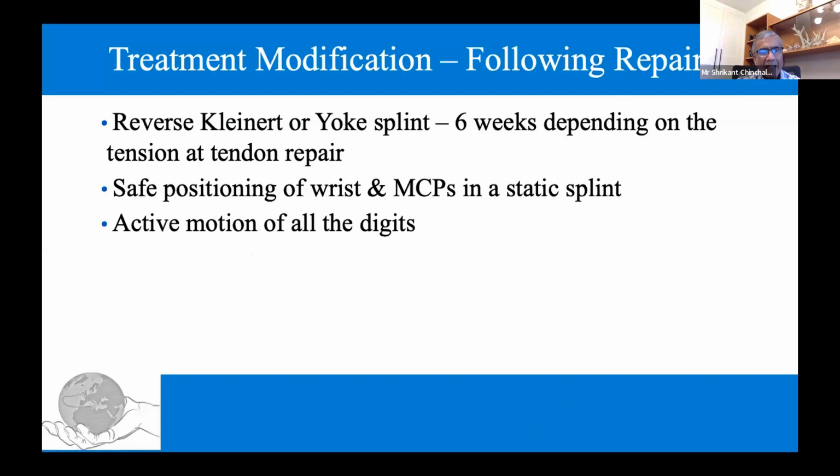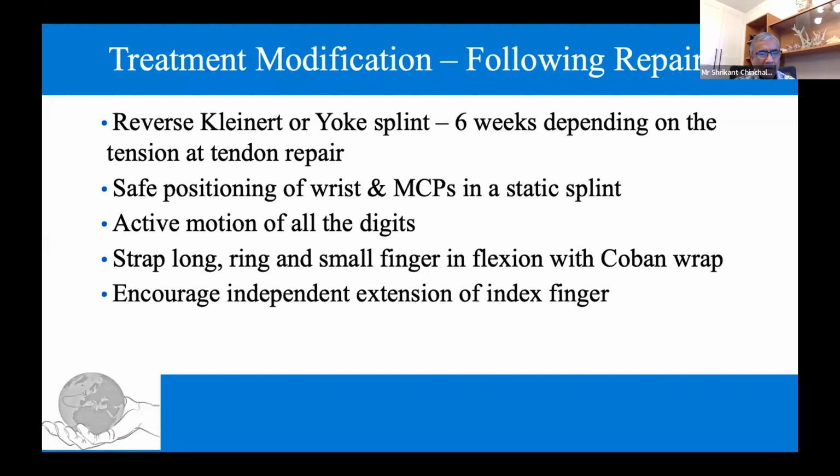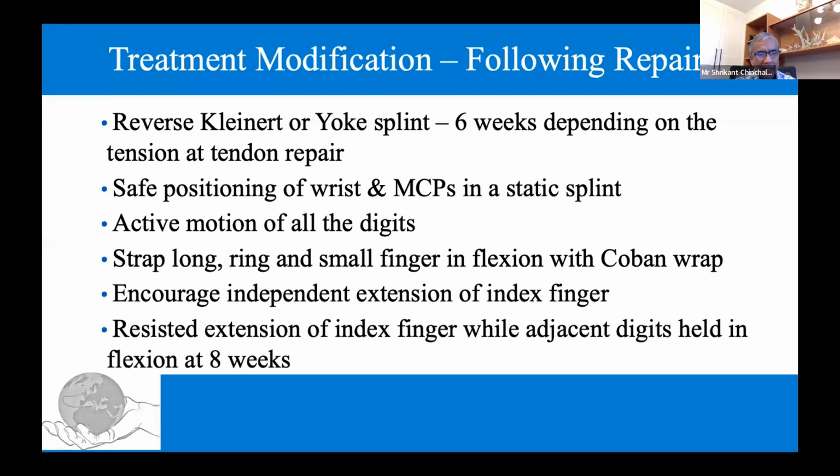We begin with active motion of all the digits, especially upon completion of either immobilization or completion of 4 to 6 weeks of reverse Kleinert or Yoke splint. Then in order to physically allow EIP and EDC to move separately from each other, my recommendation is to strap the long, ring and small fingers in flexion with a Coban wrap and encourage patients to perform independent extension of the index finger.